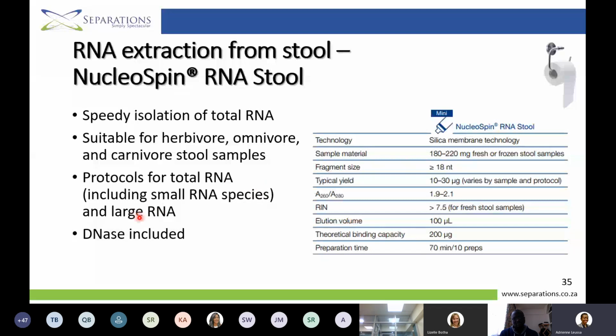So it's not just your large RNA, but also the small RNA, if that is what is of interest to you. The kits come with DNase included, so you don't have to acquire that separately, and they are suitable, as I said, for several sample types. And you get, again, high quality, pure RNA for downstream processes.